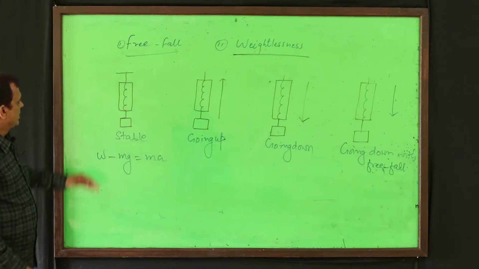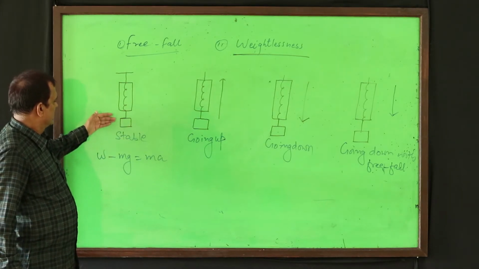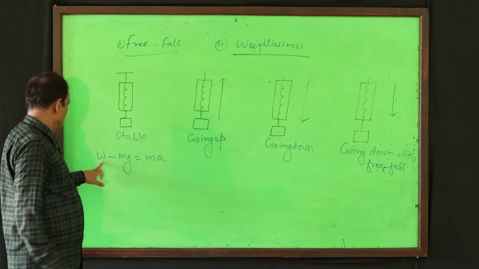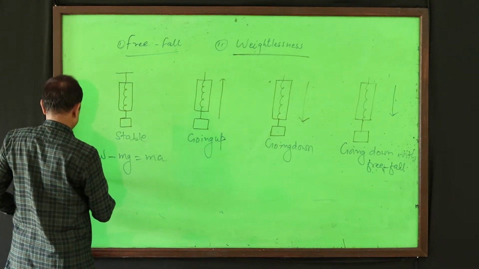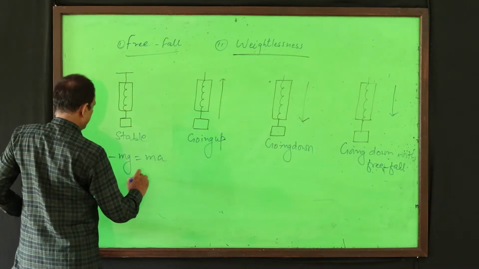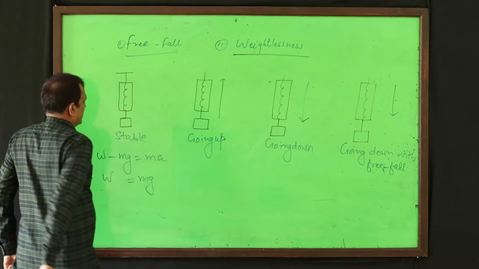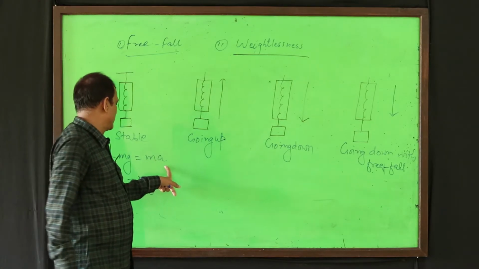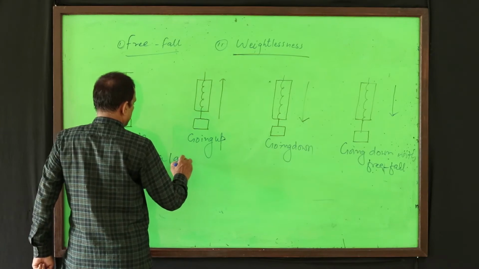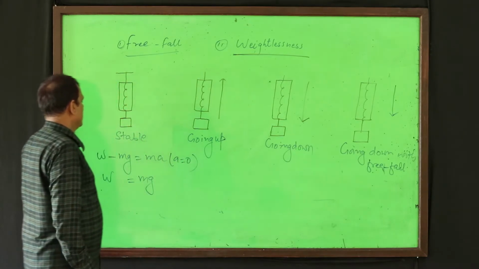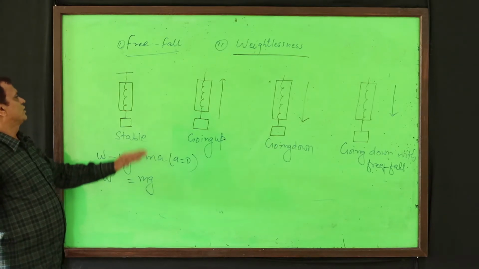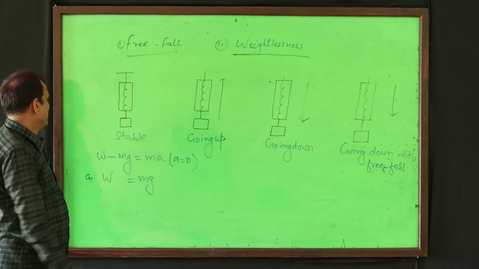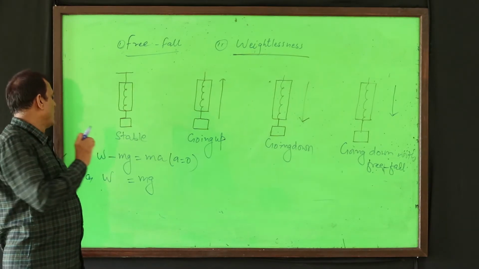In this condition, the body is stable, hanged by the spring balance, so the body doesn't have any acceleration. Acceleration of this body is 0, so here a equal to 0. This is the actual weight of the body. When the body is stable and hanged by the spring balance, the spring balance shows the actual weight.